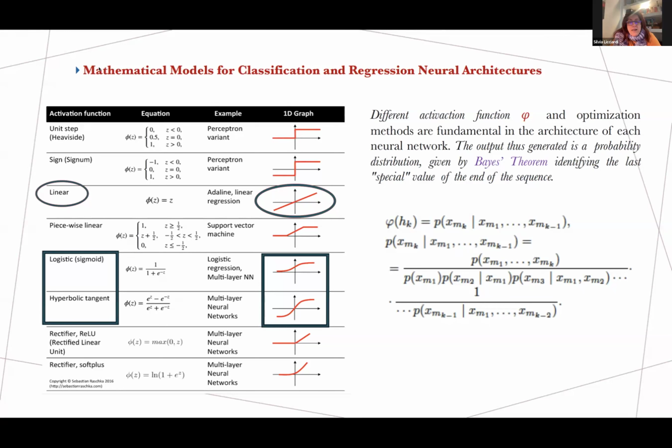If I want to obtain a classification, I need to construct a probability from 0 to 1, rather than from minus infinity to plus infinity. So I can use, for example, a function like the logistic or hyperbolic tangent, and so on. I cannot use a linear function for classification because it's not limited to, for example, 0 and 1.